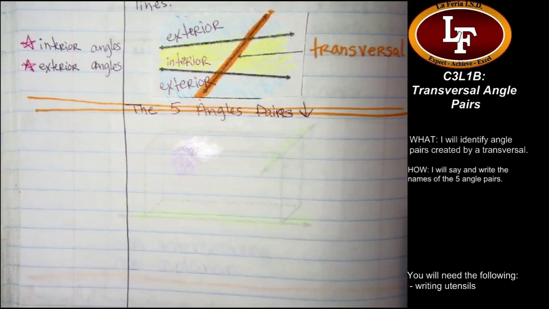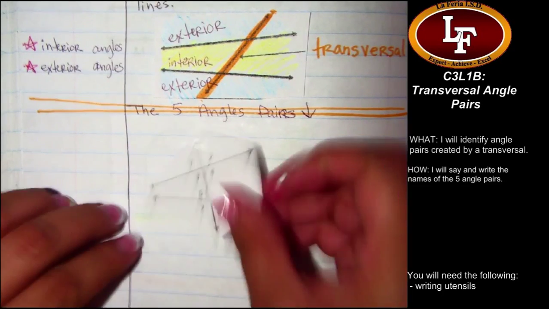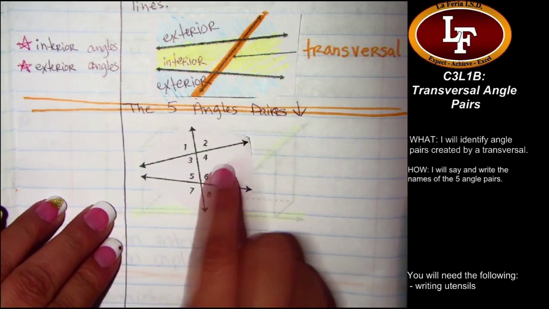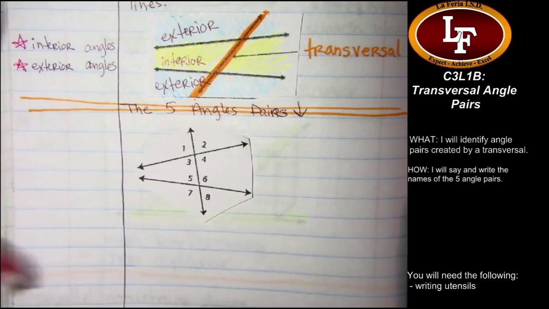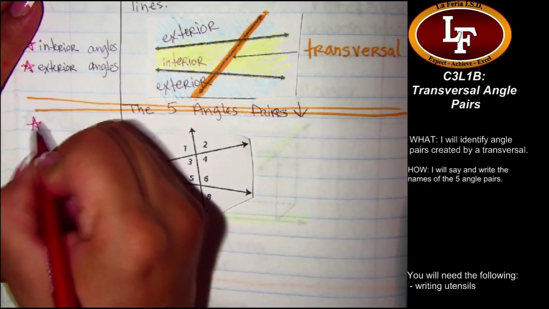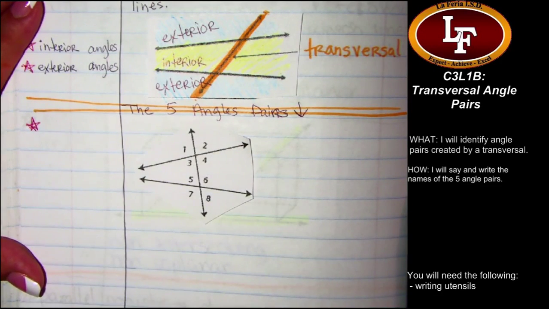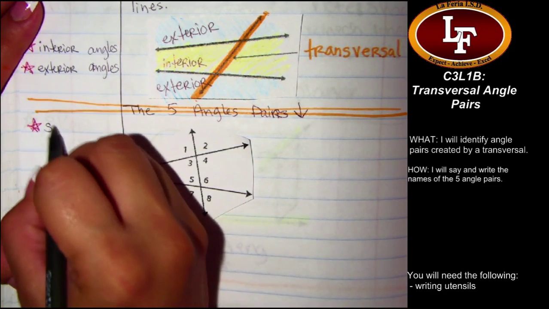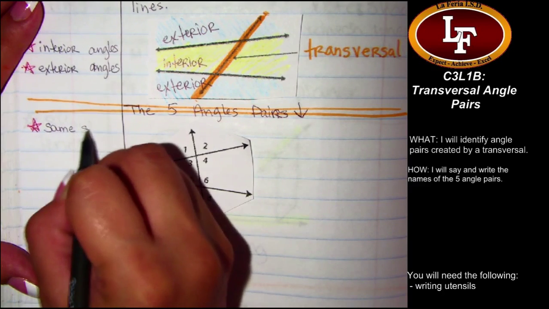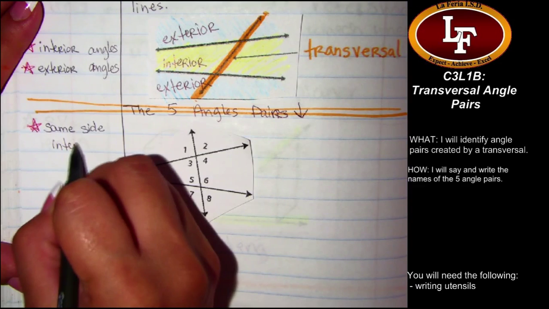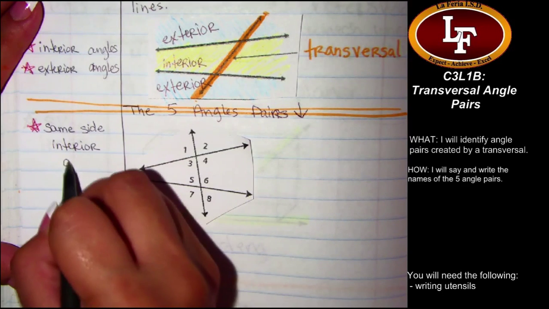Glue in any one of your figures. You've got 10 of these that are all identical, so any one you want. We'll be making the changes as we go to them. Our first angle pair is going to be the angle pair that's known as the same side interior angles.